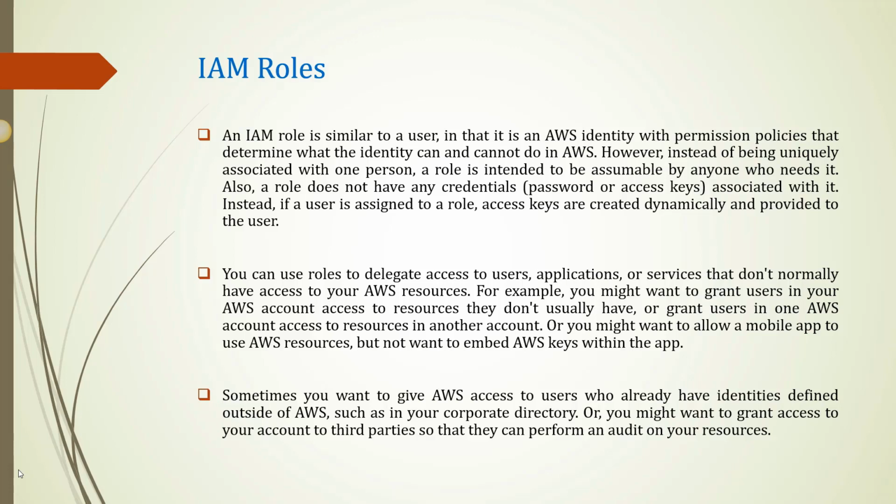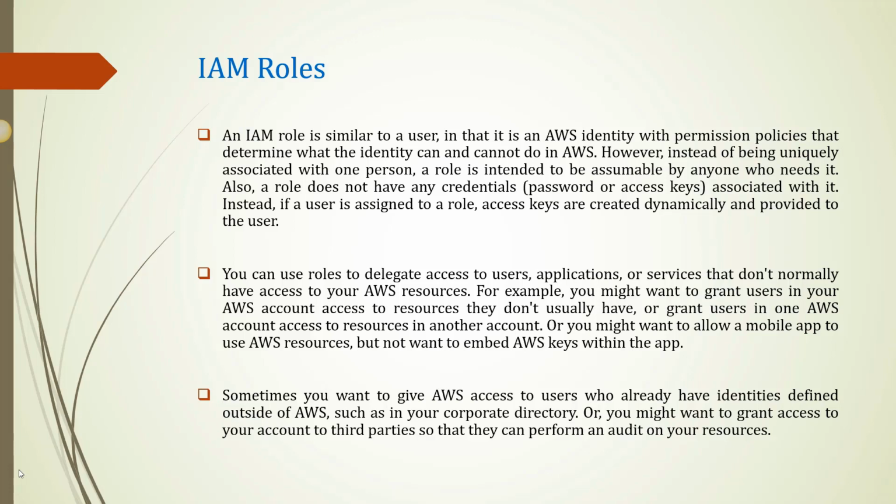You can use roles to delegate access to users, applications, or services that don't normally have access to your AWS resources. For example, you might want to grant users in your AWS account access to resources they don't usually have, or grant users in one AWS account access to resources in another account.